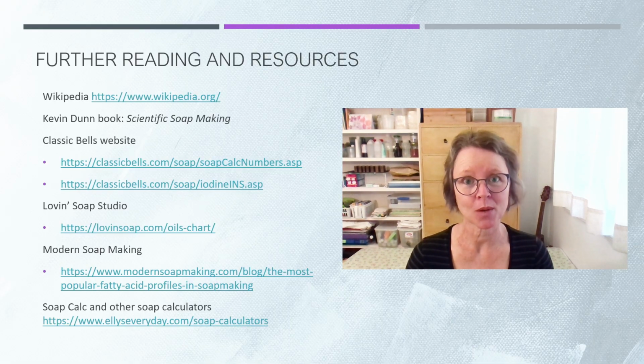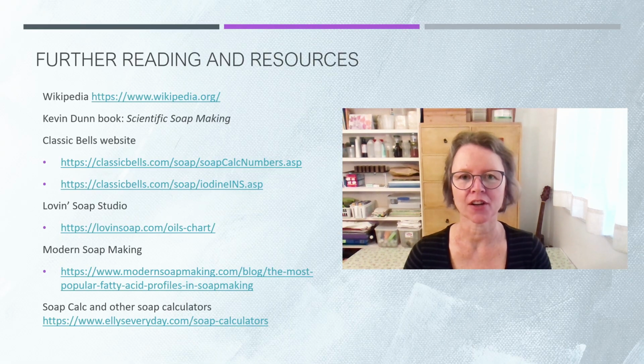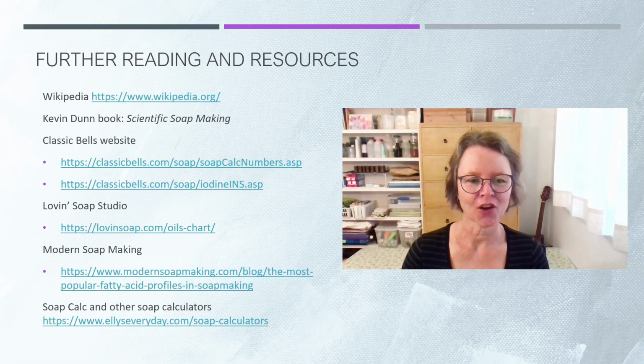The Classic Bells website is an absolute winner, and thank you to Deanna. I don't know if she'd ever get to see this, but if she does, thank you. I appreciate your knowledge and your generosity in sharing it very much. Those two articles there, I'll put links below. The Love and Soap Studio oils chart, it's really cool.